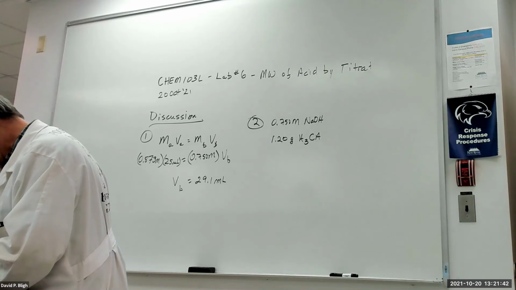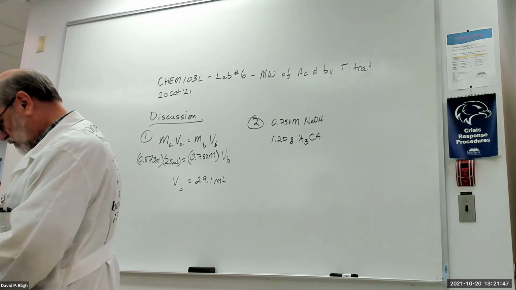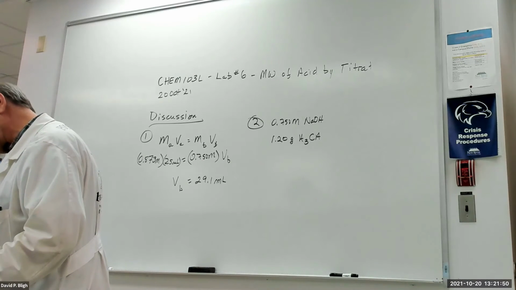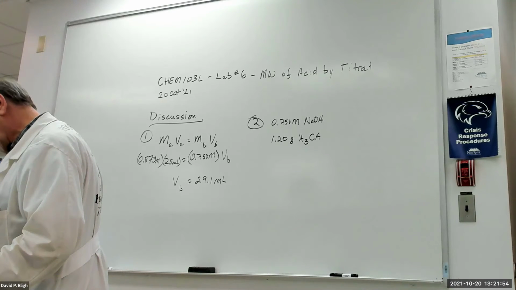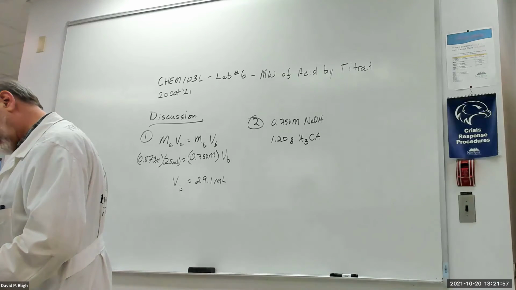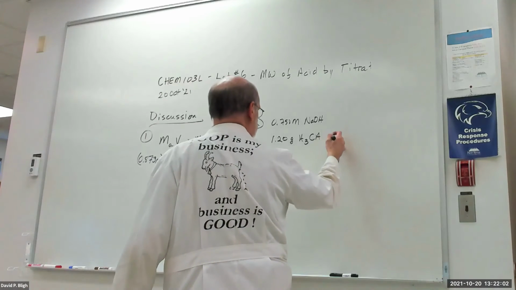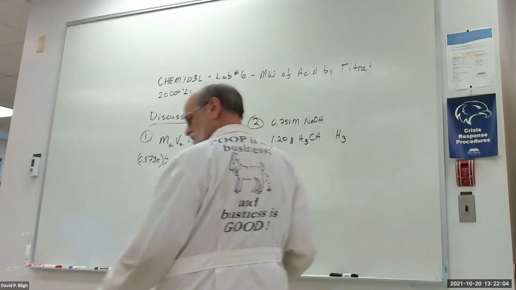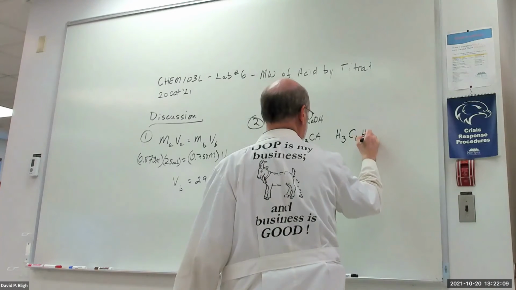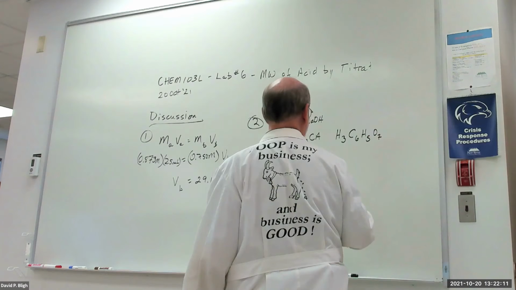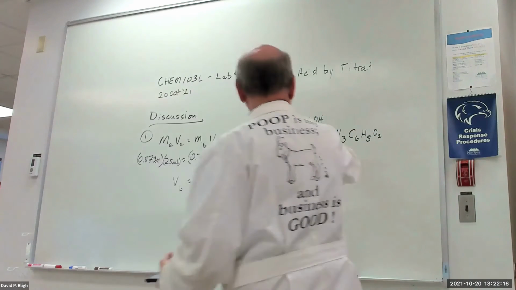Maybe it's in the discussion. The accepted value for, oh, there's the equation at the bottom. So we can calculate it if we need to. I was looking to see if it was given to us already. No, we're going to have to calculate it. So the formula for citric acid is H3C6H5O7. So we just need to calculate that molar mass.